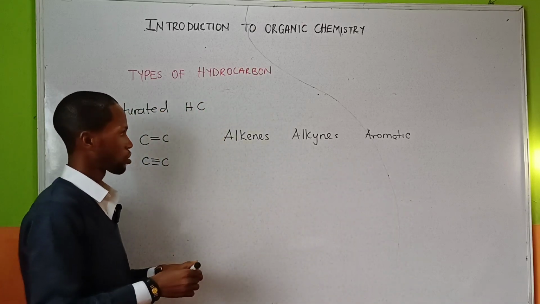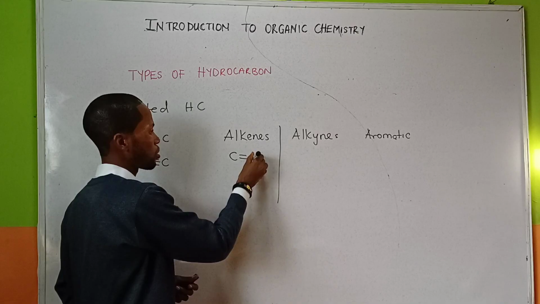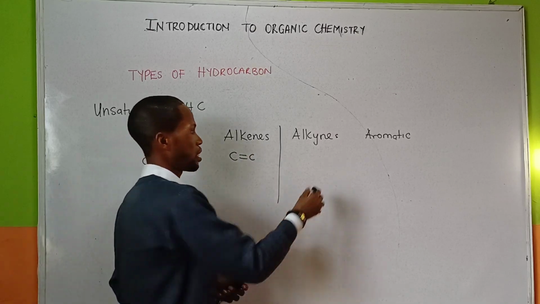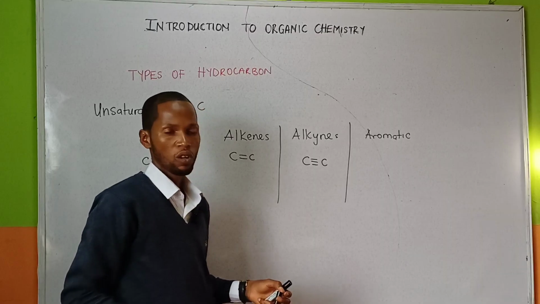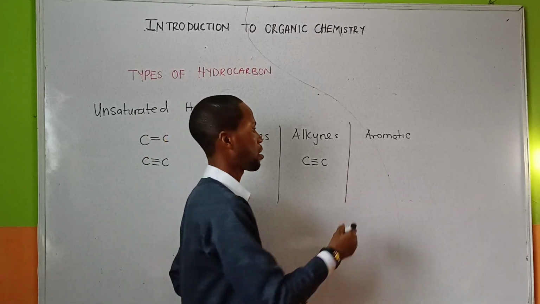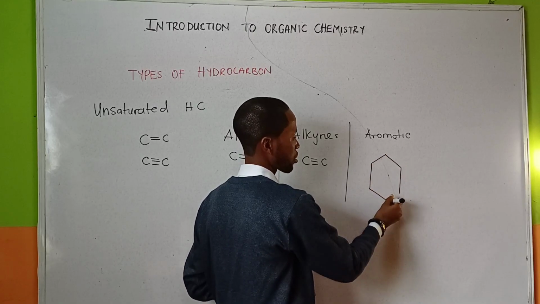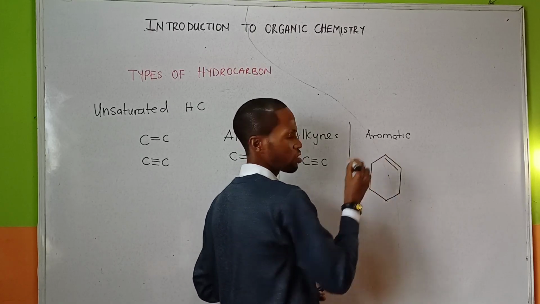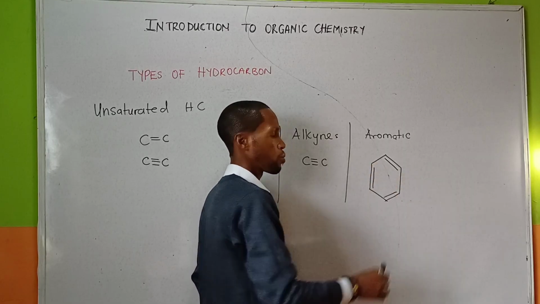The alkenes contain a carbon to carbon double bond. The alkynes contain a carbon to carbon triple bond, while for the aromatic hydrocarbons, a very good example is the benzene structure, which I said has alternating double, single, double, single, double bonds.